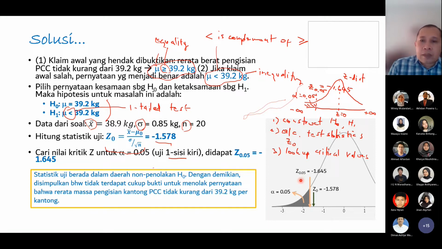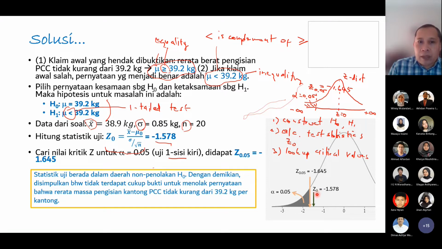Right. Again, because Z naught is located in the non-rejection region of H null, then we conclude that H0 is not rejected.